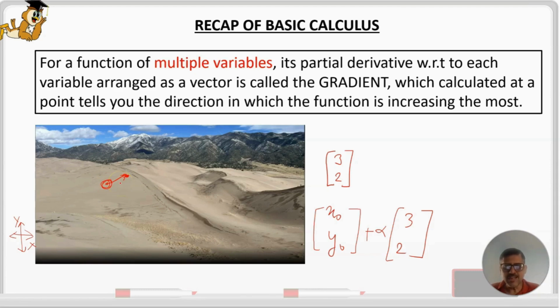So that is what the gradient means in multiple dimensions. If you want to move to a point which has a higher function value, elevation in this case, you essentially add a small multiple of the gradient to the coordinates of that point, and that gives you the point that you want to move to. Exactly similar to what we did in one dimension, but this is the multi-dimensional analogy.